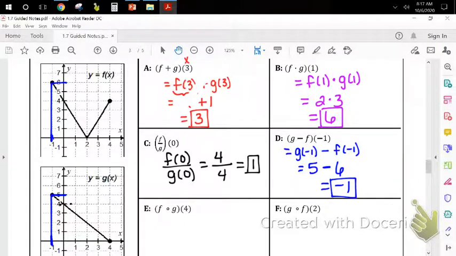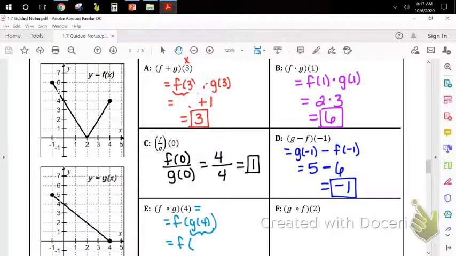Now, f composed of g of 4. So remember, we had written this before as, let me write it here, f of g of 4. And so with composite functions, we can work from the inside out because we take the inside and we plug it into the outside. So the first thing we need to do is go find g of 4. So we got f of, now go to your g function. Oops, let me erase that on both of these.